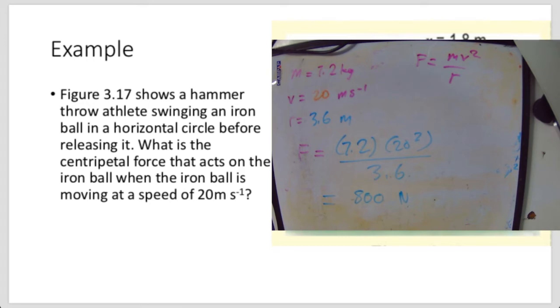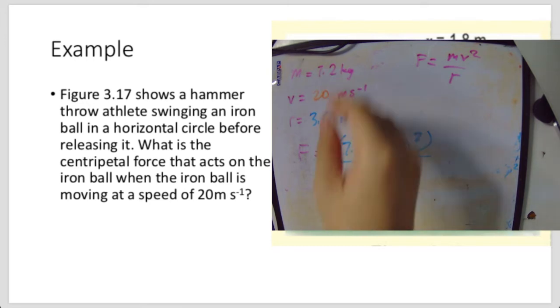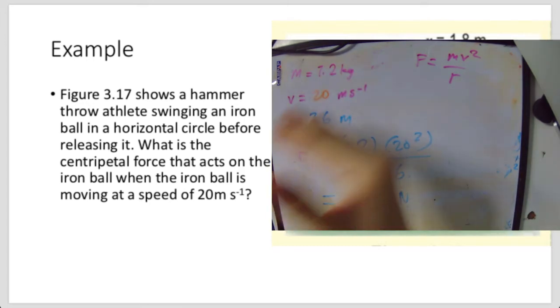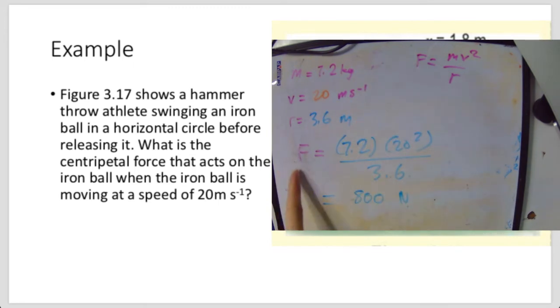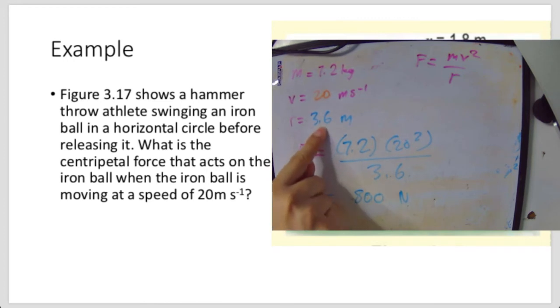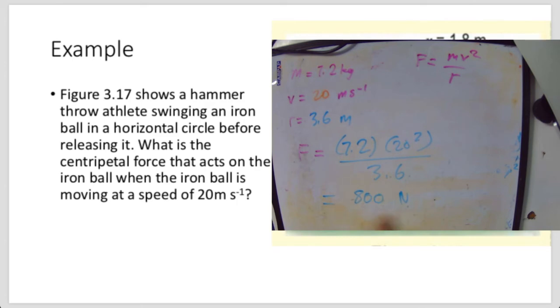Now the reason why I'm doing this is I just want to show you how changing the different values will affect the amount of force. You can tell that the longer the distance, the less centripetal force there is, even though we're moving at the same speed.